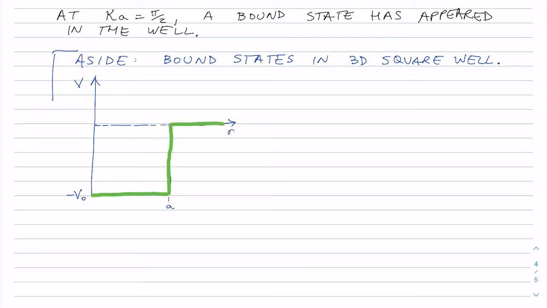So that's the potential, and our bound state inside it will look something like this. We call our wave function u of r.